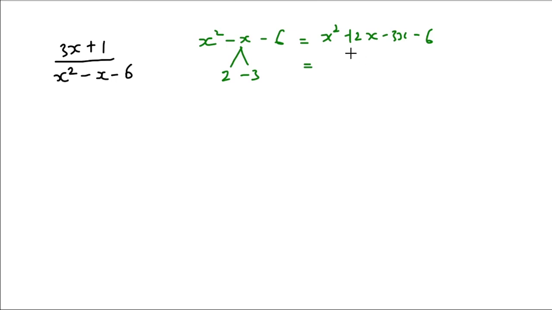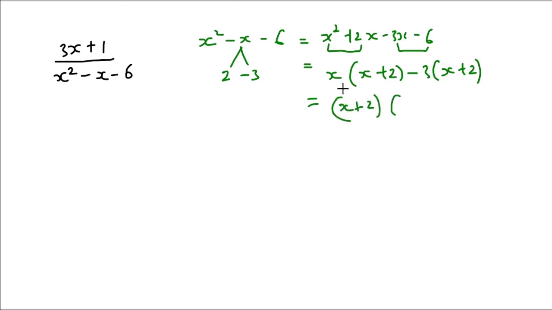Okay, so when we group this and this, we get x into, factor out the common factor in this group, which is x. We remain with x plus 2. If we factor out the common factor here, which is minus 3, we remain with x plus 2. So the common factor is x plus 2, and we remain with x minus 3.